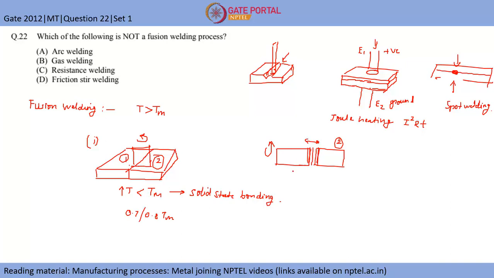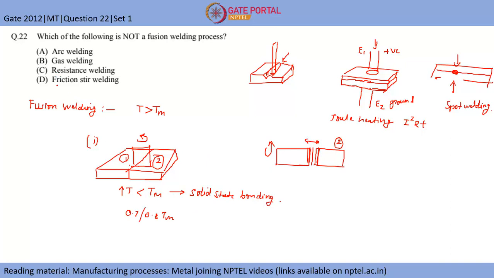This is another type of friction stir welding, where only one workpiece is rotated. Here you are rotating the die, there a single workpiece, but in both cases the temperature is less than the melting point of the workpiece.